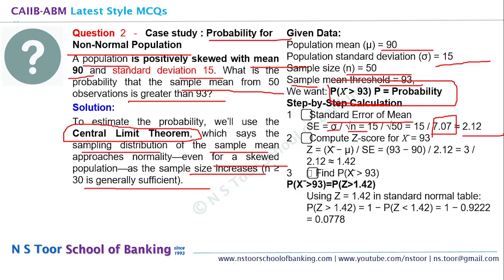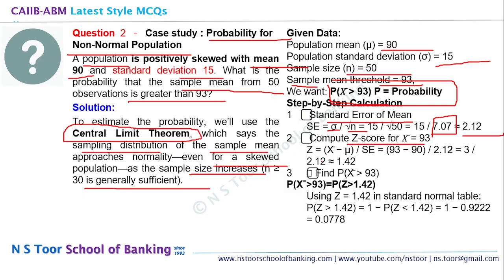It is very important. This is the first step we have to calculate. Now, when the probability is more than 93, we have to compute the Z score for X is equal to 93. First we have to find the score for X equal to 93. How shall we calculate it?